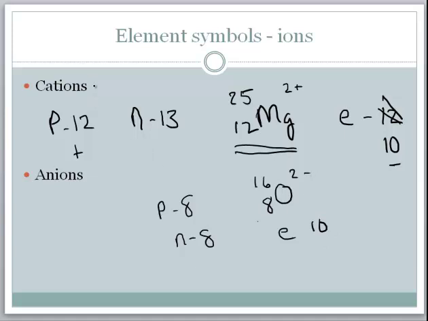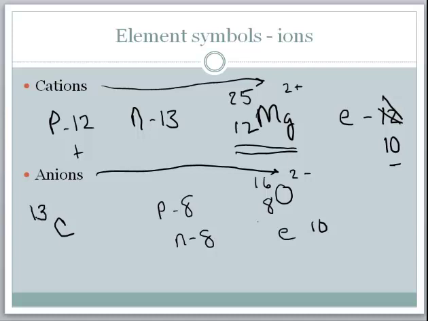Alright, when you have a positive charge, we refer to that as a cation. It's not pronounced cation, it's pronounced cation. And when you have a negative charge, we say it's an anion. So for example, let's say we had carbon 13, its atomic number is always 6, and this wouldn't normally happen, but let's say we put a 2 negative charge there. How many protons, neutrons, and electrons?